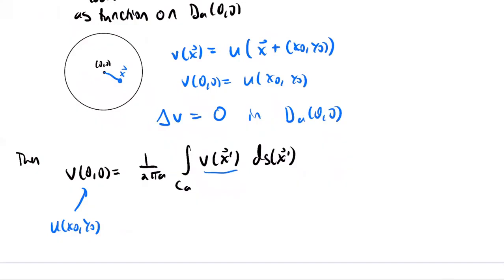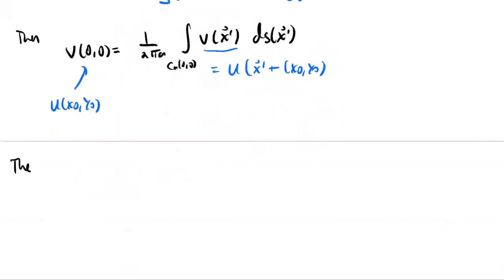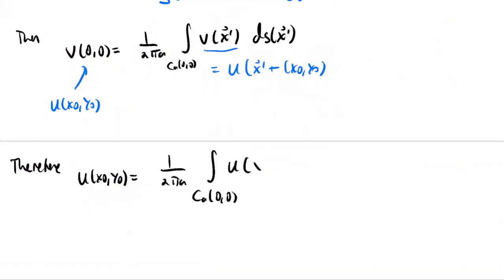On the other hand, v of x prime is equal to u of x prime plus x naught, y naught. Sorry, this integral should be over the circle centered at the origin, so this is C_a of 0, 0. And so we end up with u of x naught, y naught equal to 1 over 2 pi a times the integral along the circle of radius a centered at the origin of u of x prime plus x naught, y naught.